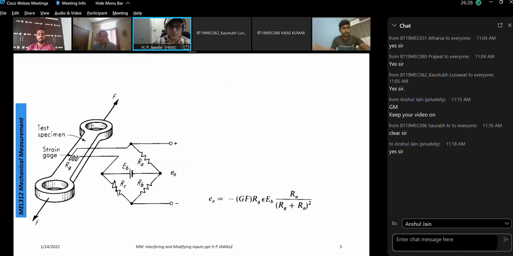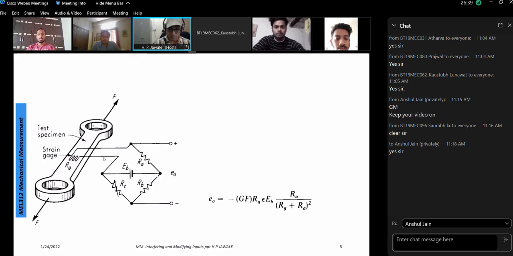Now let us consider one more system for measuring strain, called a strain gauge device. In the strain gauge device, a coil of small-diameter wire is mounted on a surface which is subjected to force. Because of the force, there will be a change in length.